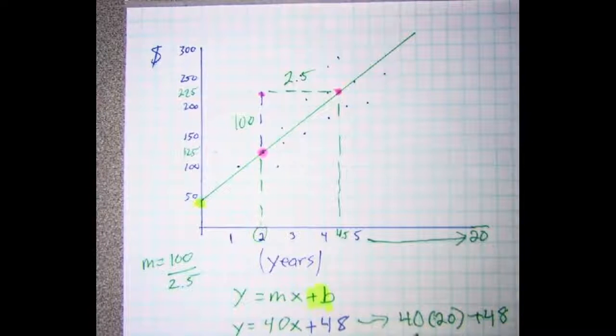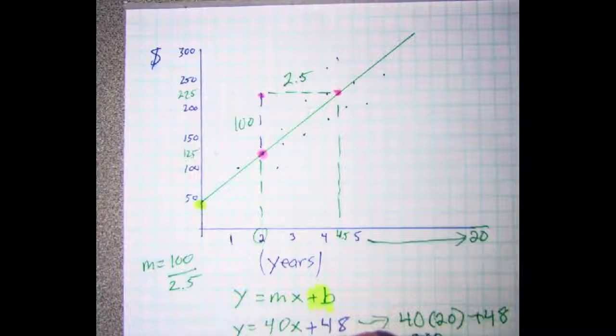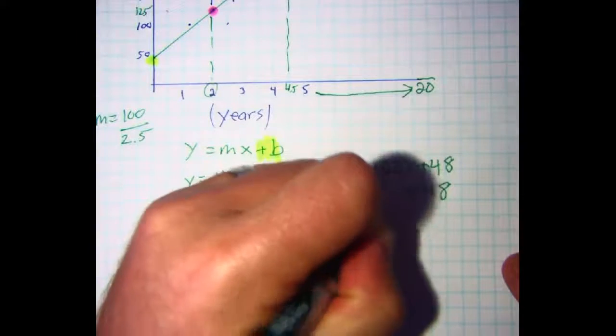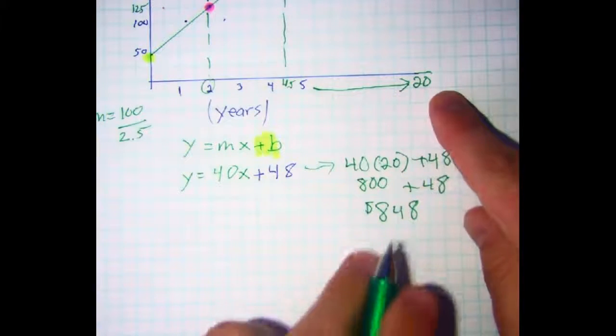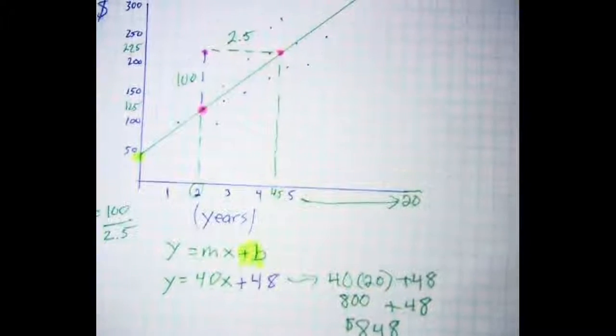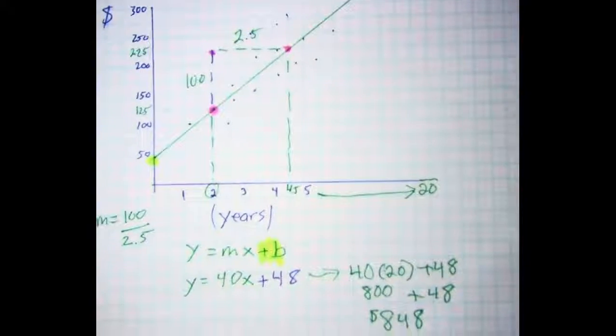And then we can figure out that's going to be 800 plus 48, which is 848. That's how much money we expected to make, whether it's 848 million or 848, whatever units it might be. That's how you use this line of best fit to predict.